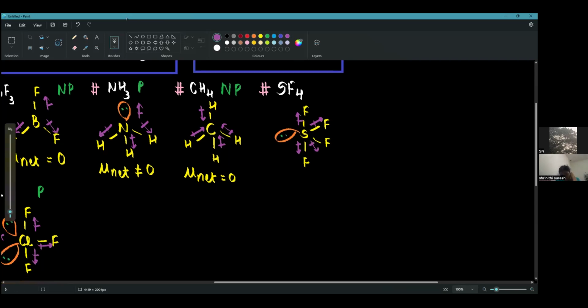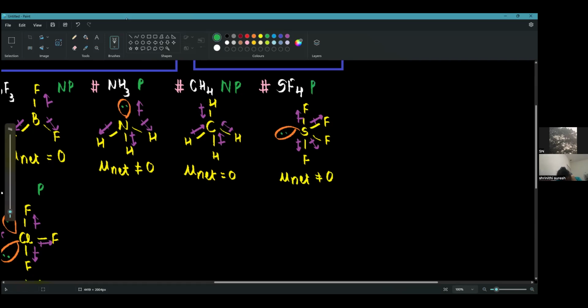Here the net dipole moment is non-zero, so the molecule will be polar in nature. Got it?